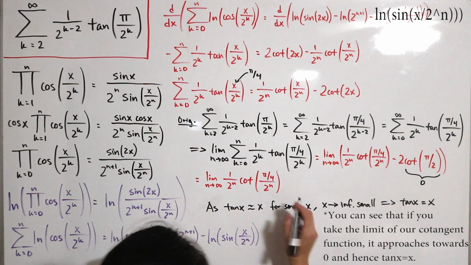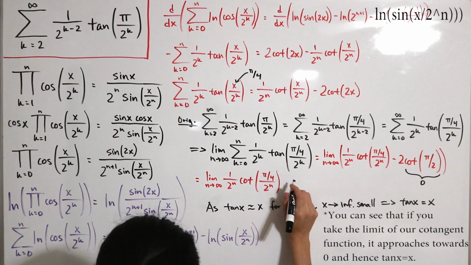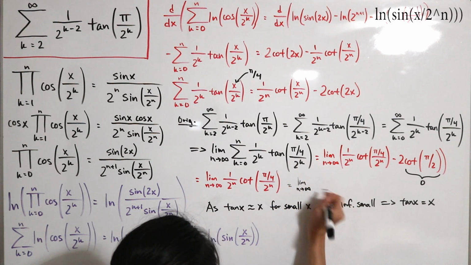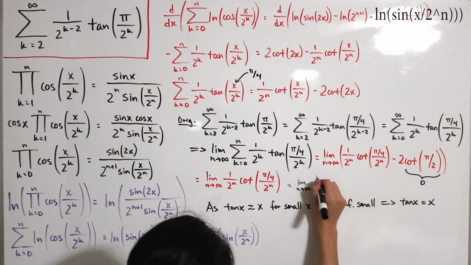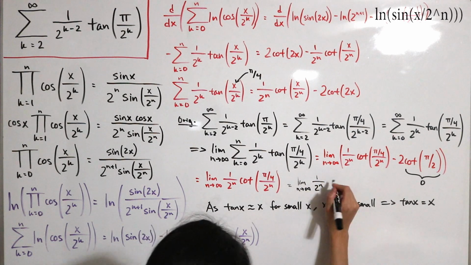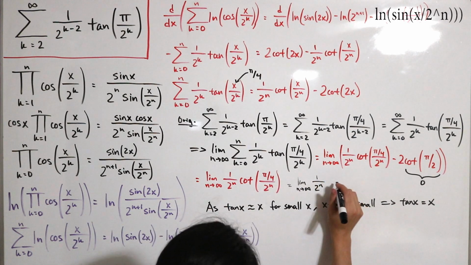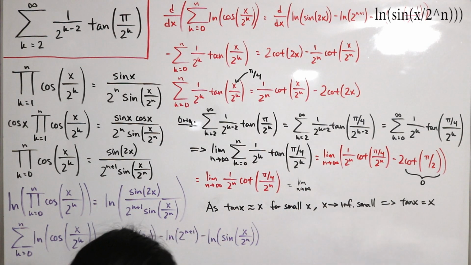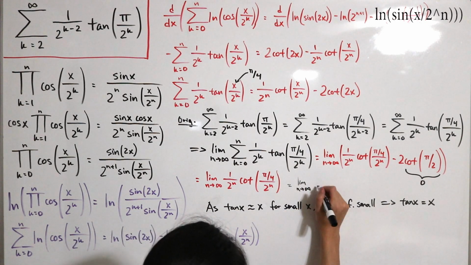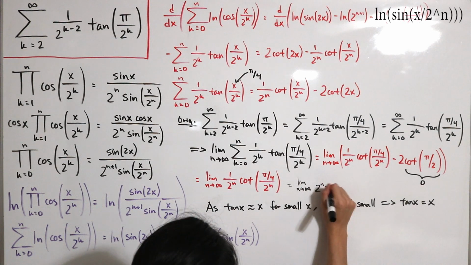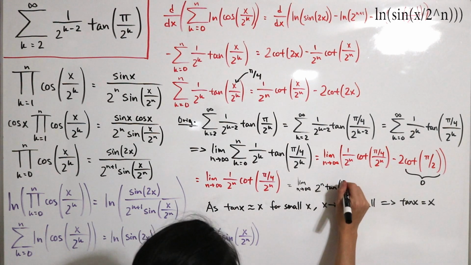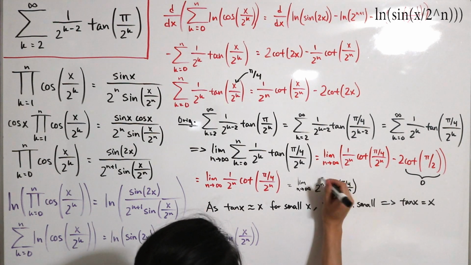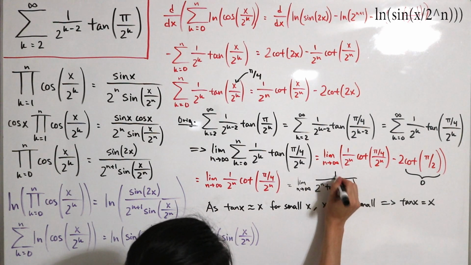All right. So from there, this is just the limit as n approaches infinity of 1 over 2 to the power n, and I'll write cotangent as 1 over tangent. Let me refix the notation over here. Let me first write the denominator 2 to the power n, then tangent of pi over 4 divided by 2 to the power n. So the numerator is 1.